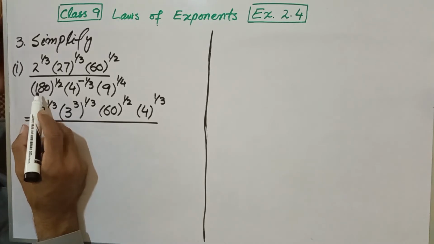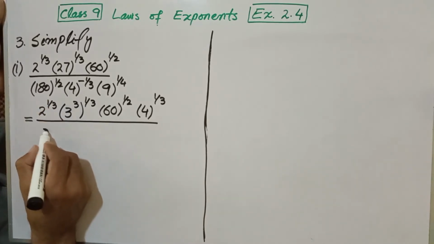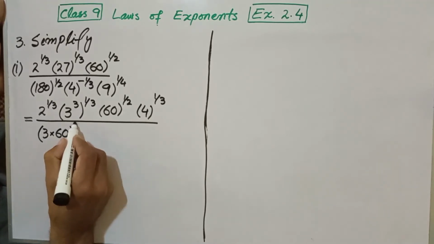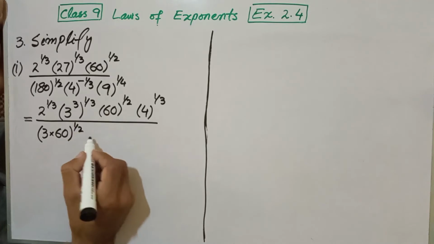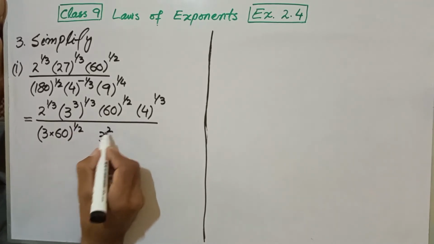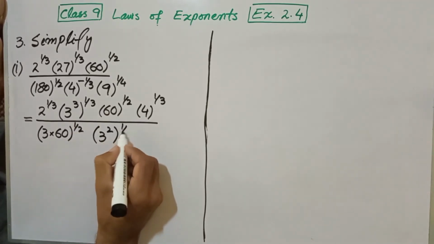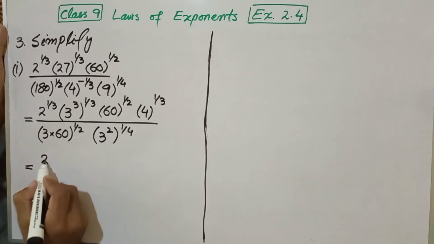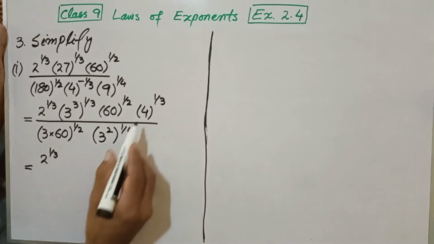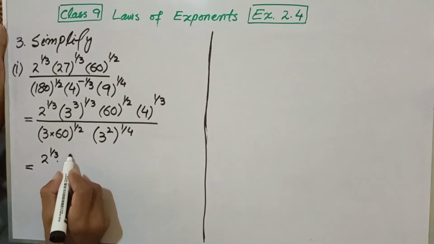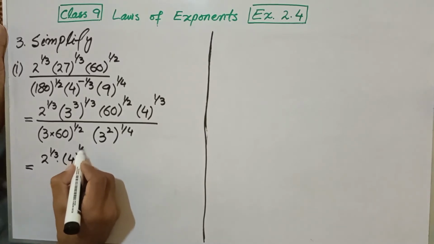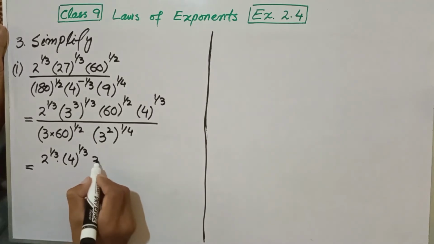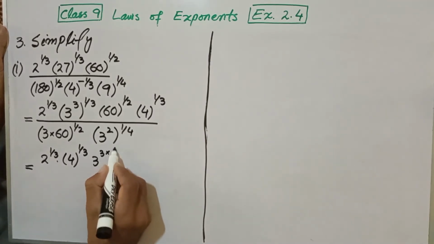Divided by 180, which can be written as 3 into 60 power 1 over 2, and 9 can be written as 3 square power 1 over 4. Here we can write 2 power 1 over 3 into 4 power 1 over 3, and then 3 power 3 into 1 over 3.